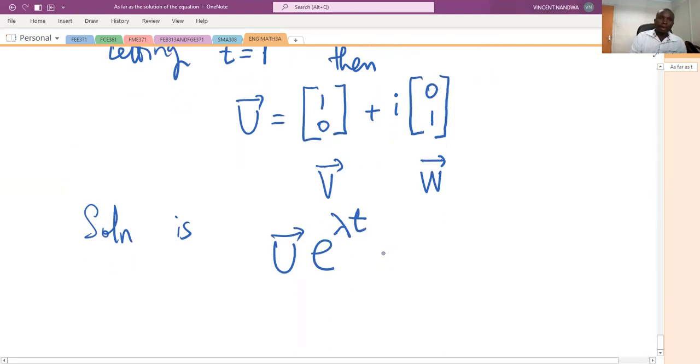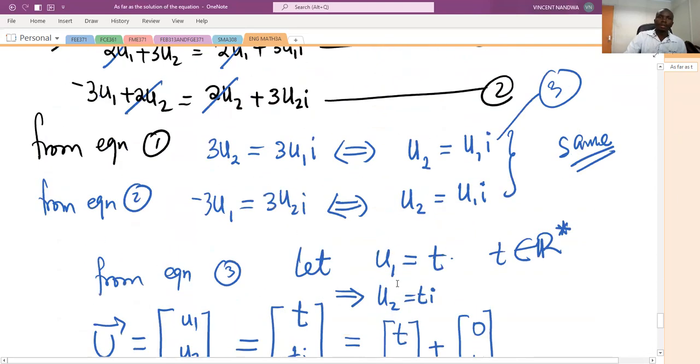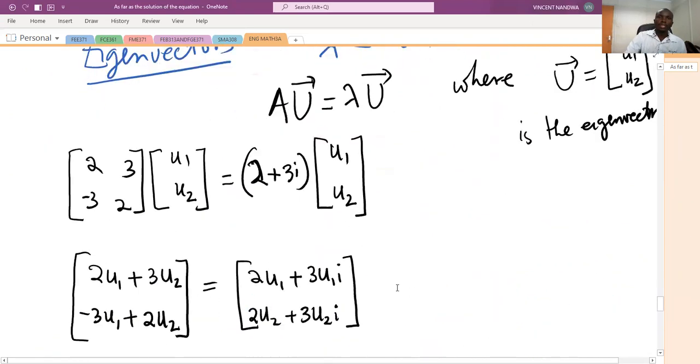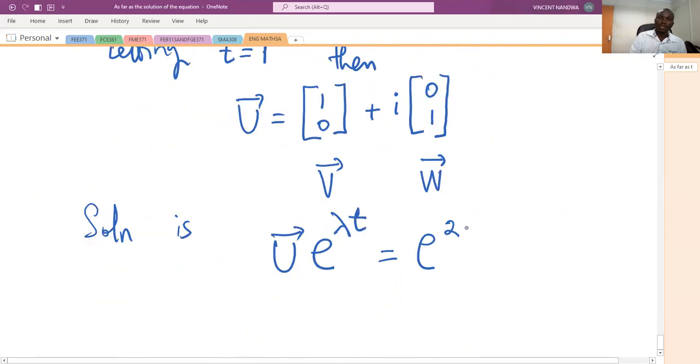So this is the same thing as saying e raised power lambda, in this case we picked to be 2 plus 3i, times t, and then you multiply by the vector u.